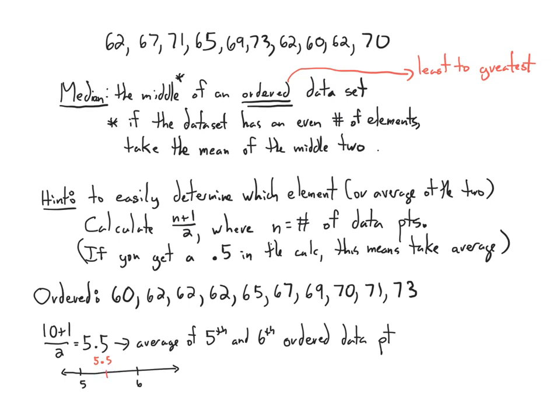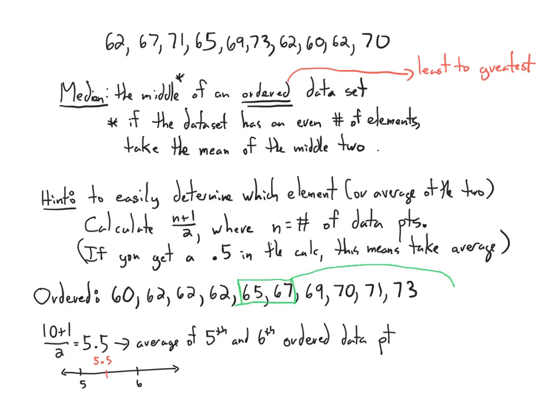So obviously there's no 5.5 data point, but it's in between 5 and 6. So this represents the average of the 5th and 6th data point. So I'm going to find the 5th and 6th: 1, 2, 3, 4, 5, 6. There's the 5th and 6th right here.